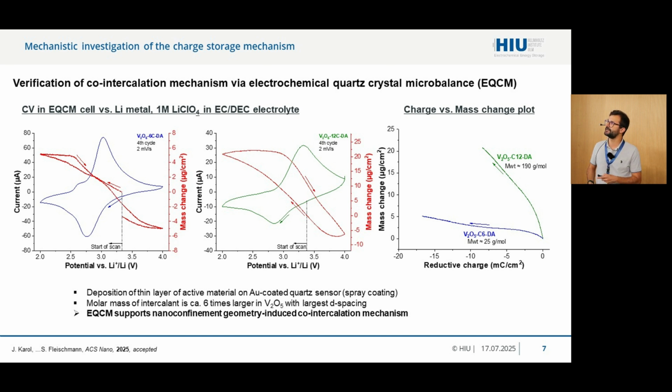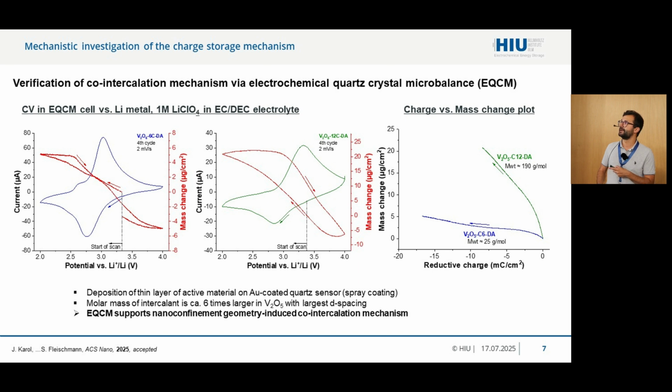This is the electrochemical signal of our material with the medium interlayer spacing that we coated on a quartz sensor for the EQCM, and we can track the mass changes during intercalation and deintercalation. The same we can now do for our material with the largest d spacing, where we expect solvent co-intercalation.